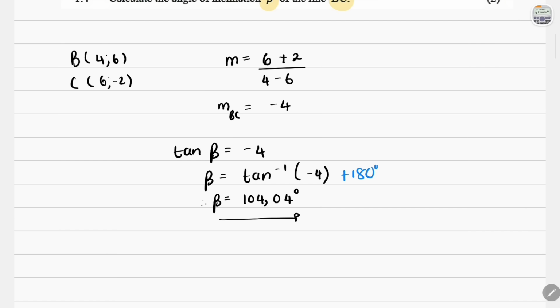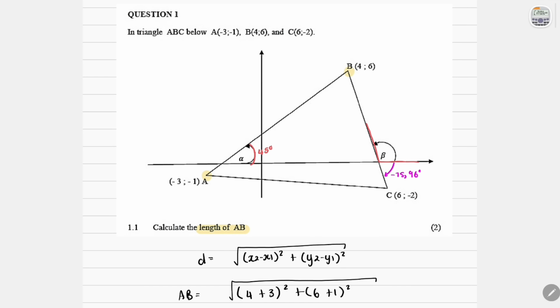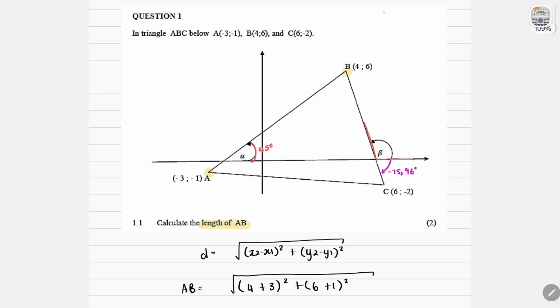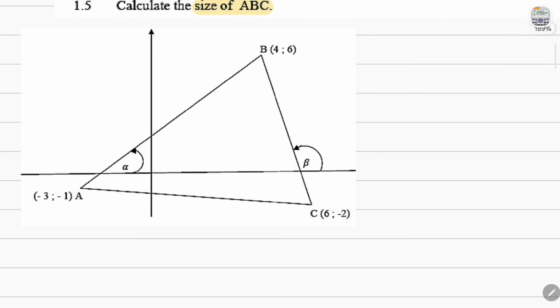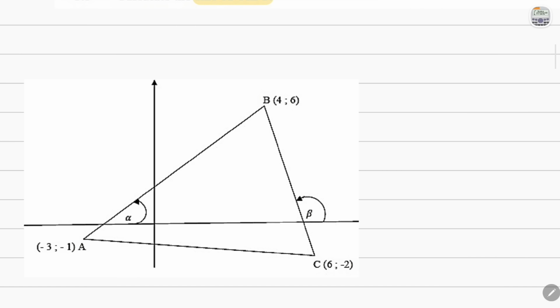Moving on to the next question. Question 1.5 says, calculate the size of angle ABC. I'm just going to go ahead and get this diagram down. We can use it down there now. So you see how this angle ABC is this angle over here they're referring to. How do we find the size of this angle?